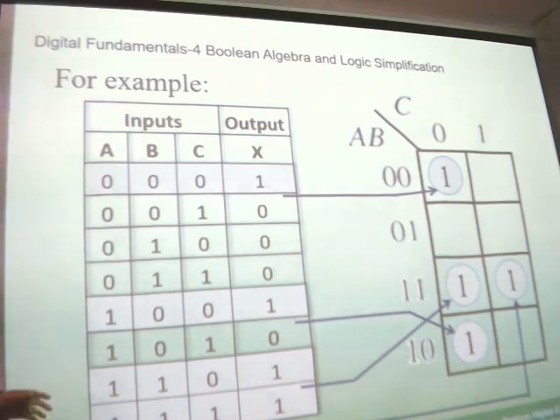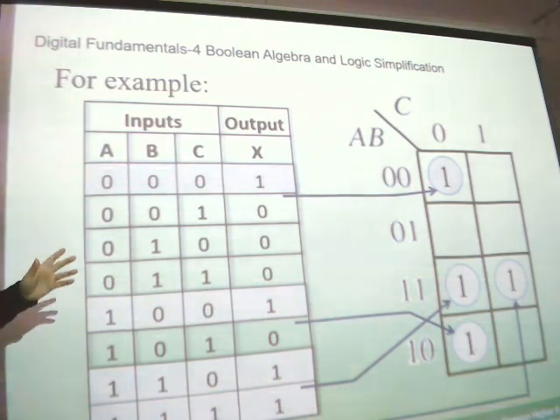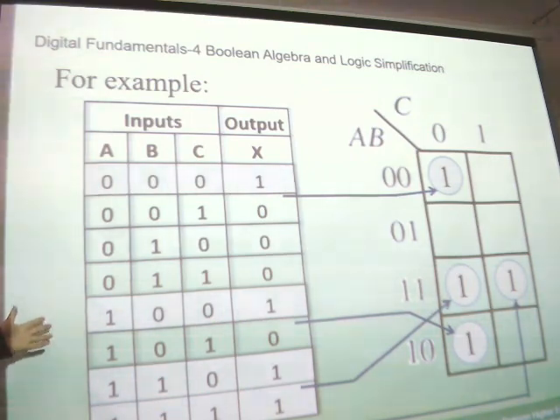So there are 4 ones on the Karnaugh map. The other cells are 0. That is the method to convert our truth table to our Karnaugh map. It is very easy.